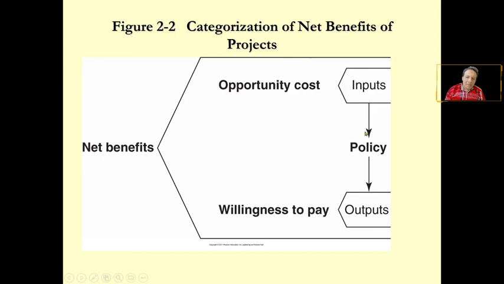When we have the inputs for this policy, therefore we have some outputs. The outputs can be, for instance, in terms of the number of people that are willing to pay for the services of the public swimming pool. Obviously, when we talk about willingness to pay, we are probably thinking that everyone is willing to go and swim.